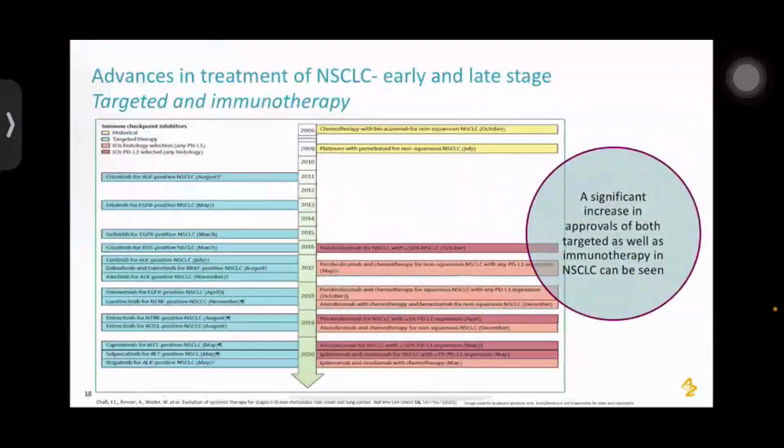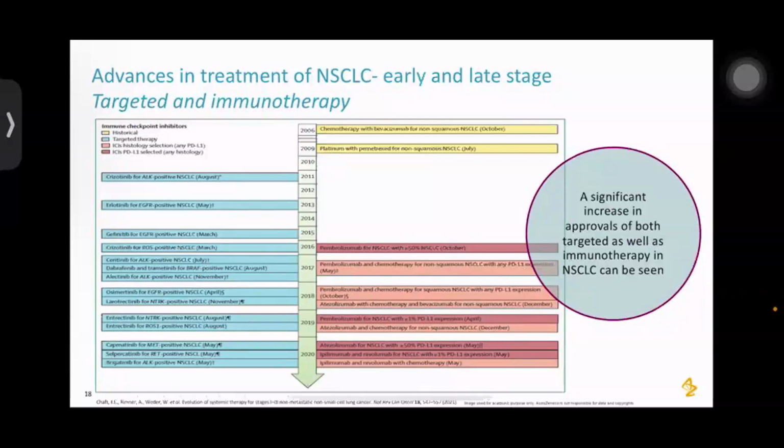So, what are the advances in treatment of NSCLC, early stage and late stage? As we all know, apart from chemotherapy, the present era is full of targeted therapy and immunotherapy. A significant increase in approvals of targeted as well as immunotherapy in non-small cell has been seen. In the early phases we got crizotinib for ALK-positive, then erlotinib and gefitinib for EGFR. And for MET and RET mutations, we got capmatinib and selpercatinib, and in early 2018 we got osimertinib, a third-generation drug for EGFR-positive, and for NTRK and ALK-positive.